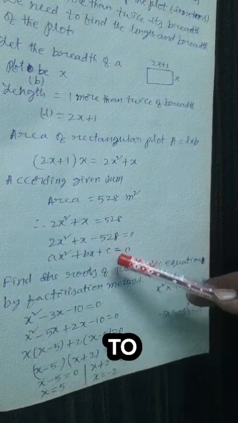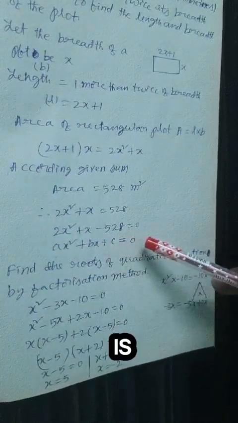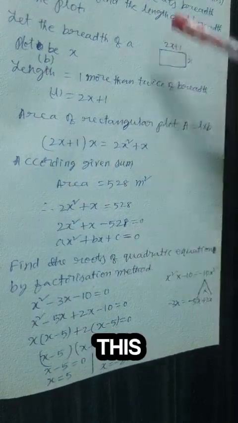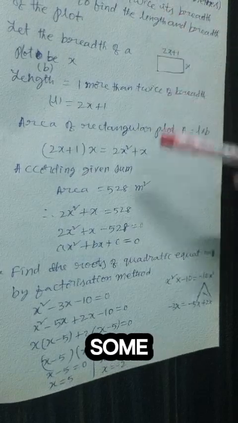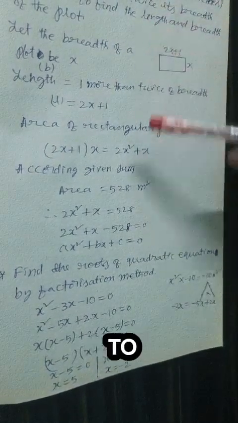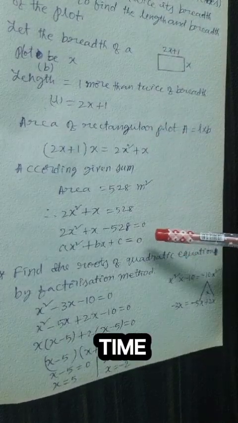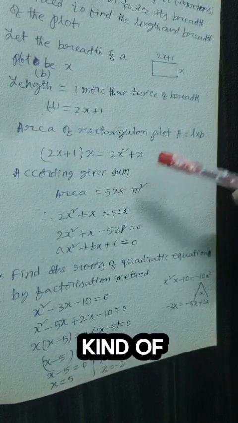This is equal to the standard form, ax square plus bx plus c is equal to 0. Children, this is a very important form. Situation form sums will definitely come in the public examination. So you need to practice 3 or 4 times, then you will get this kind of sums.